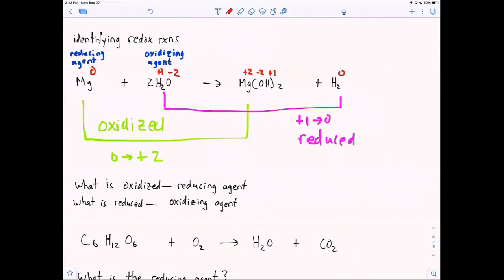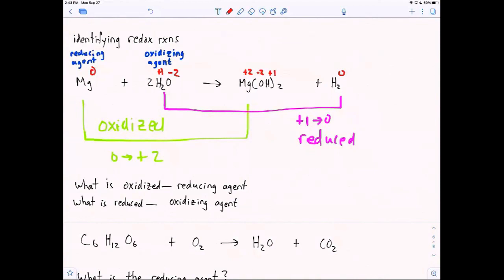So in this reaction, I guess I should talk about the reaction. Magnesium metal is reacting with water to form magnesium hydroxide and hydrogen gas. If you look at all the oxidation states, the free elements are 0: magnesium is 0, hydrogen in the end is 0. For water, hydrogen is in the +1 state, oxygen is -2.